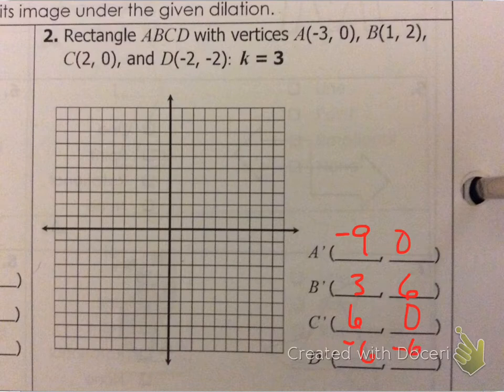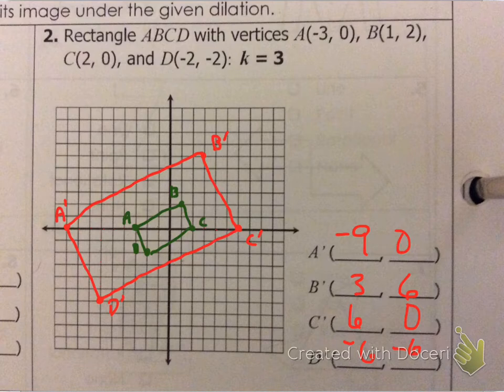Again, fairly easy. And if you want to see the graph, you can see how this one worked for B prime. You can see again the pre-image was in green, and the dilated enlarged image is in red.